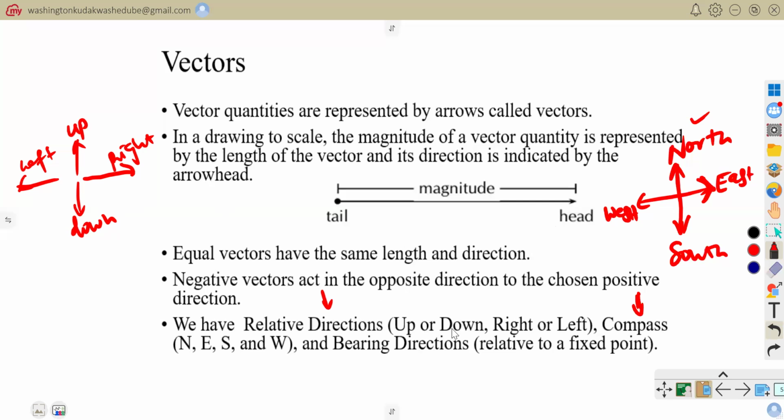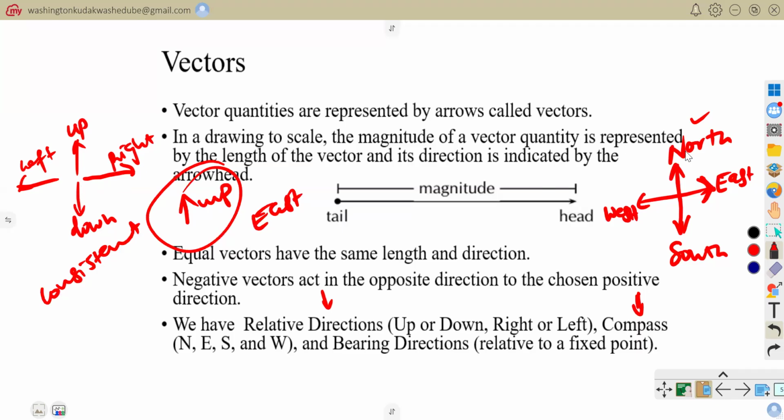But when you choose your reference of direction, make sure that you are consistent. Don't say that at some point in time you say up, and then at some point in time you say east. When you want to use relative direction, be consistent. Go on with relative direction and use up, down, right, or left.